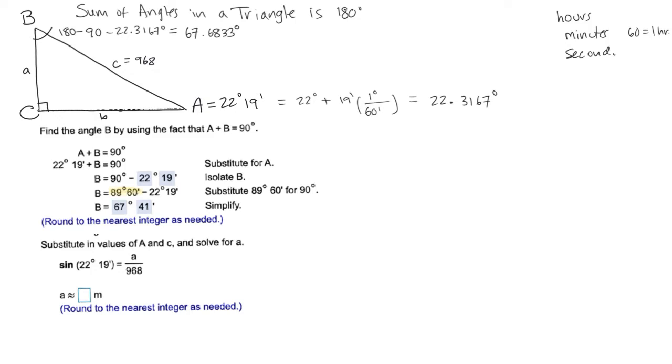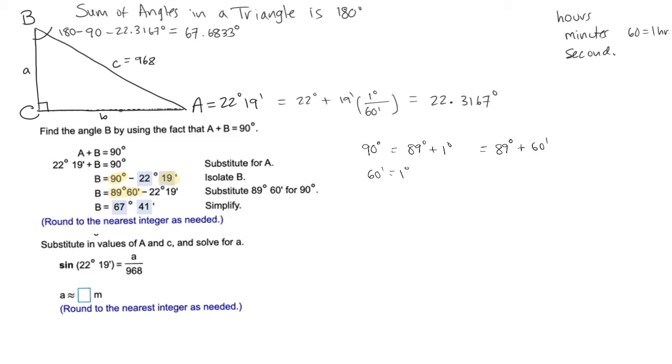Now what the book did in this is they just left it in degrees and minutes, and so then they wanted to subtract 19 minutes, but they didn't have any minutes, so they converted 90 degrees to 89 degrees and 60 minutes. Remember that 60 minutes is the same thing as 1 degree, so 90 degrees is the same thing as 89 degrees plus 1 degree, and then we can rewrite that 1 degree as 60 minutes.